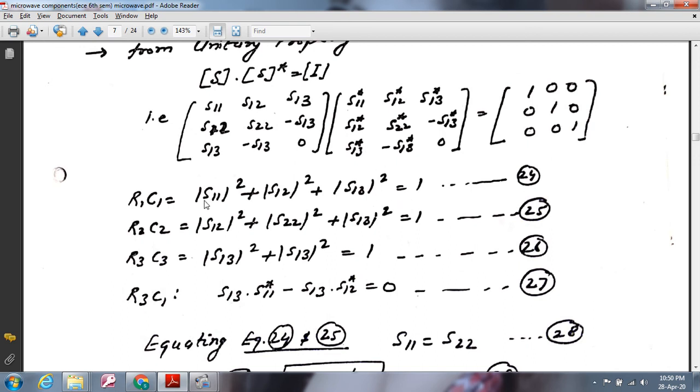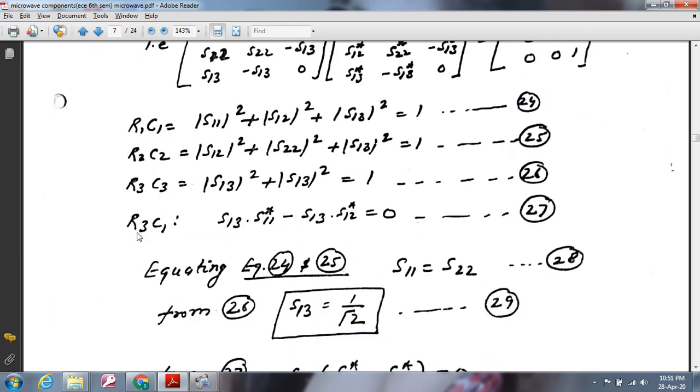So we can write that as S11 square plus S12 square plus S13 square equals 1. Similarly, I am writing directly R2C2 as S12 square plus S22 square plus S13 square equals 1. That is equation number 25. R3C3 as S13 square plus S13 square equals 1, equation number 26.